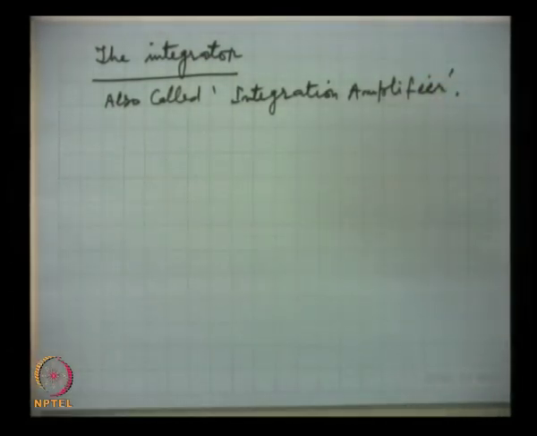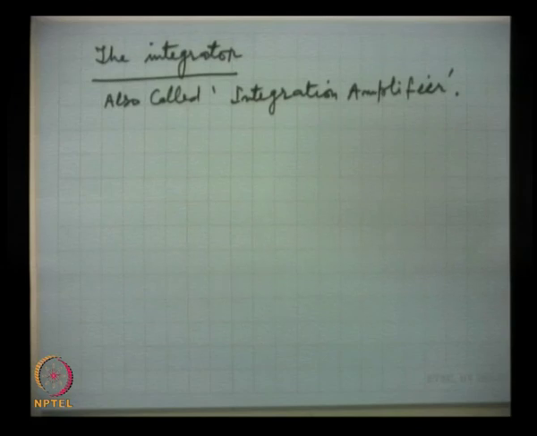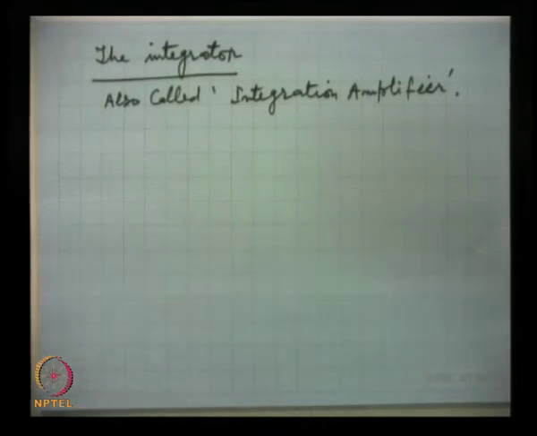Here the output voltage is the integral of the input voltage, then the circuit is called the integrator. The integrator can be easily realized by using the op-amp in the inverting mode and by replacing the feedback resistance Rf by a capacitor. So, the basic circuit of the integrator is this.